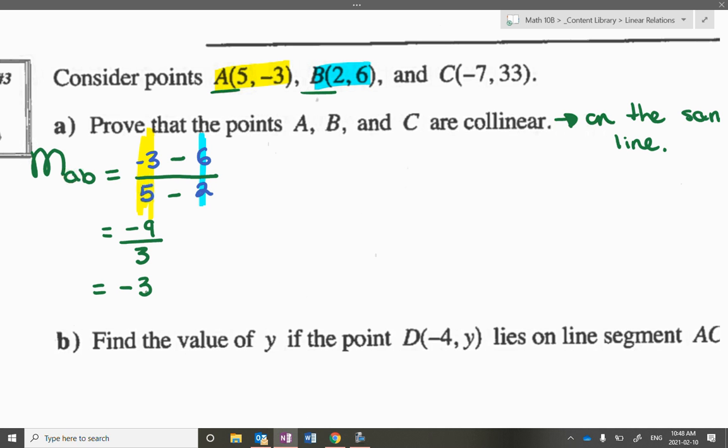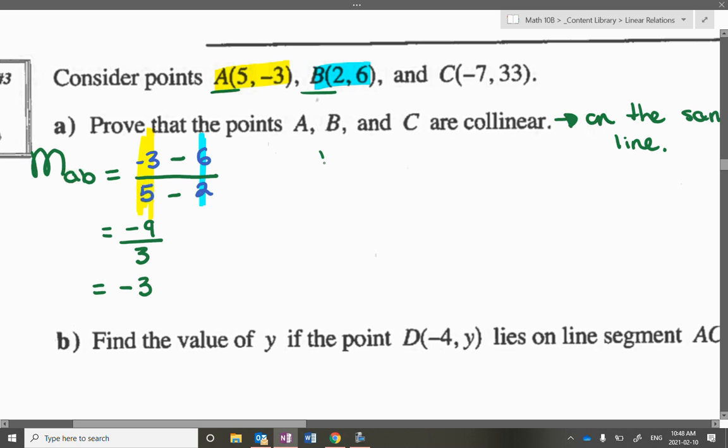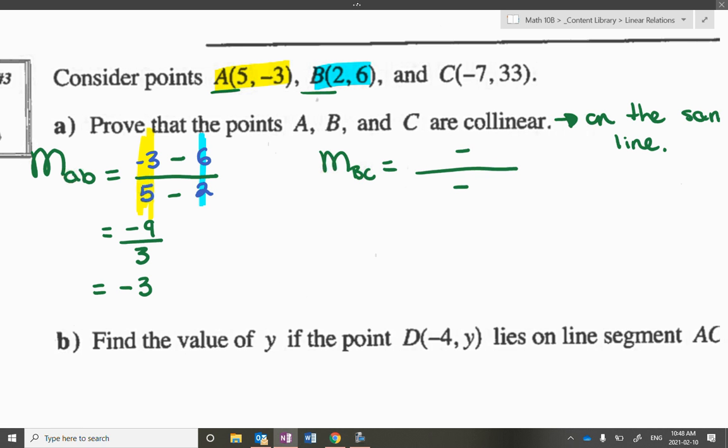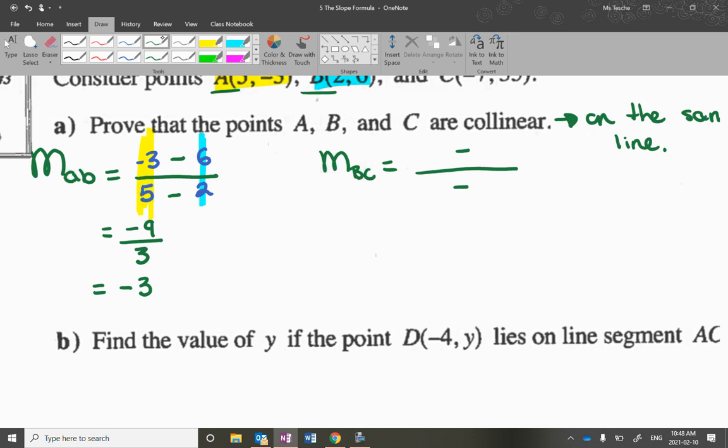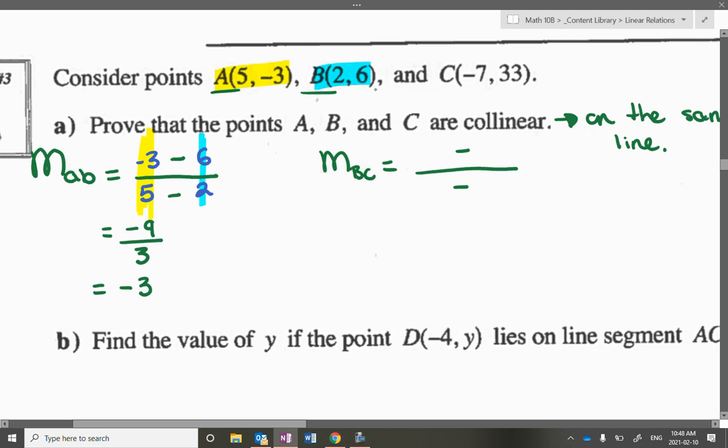So let's look at B and C now. 6 for point B is my y, and then 2 is my x. For C, 33 is my y, and then -7 is my x.